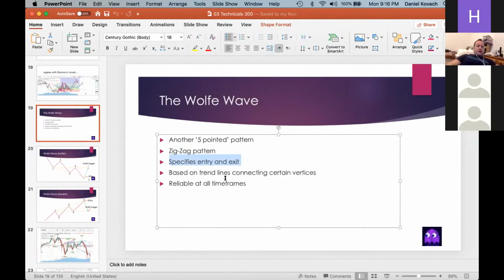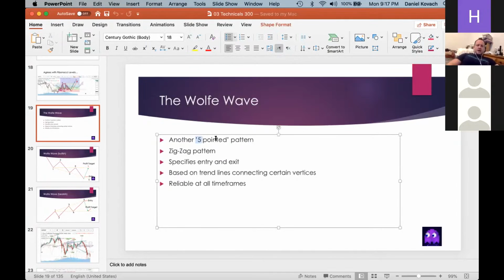Again, what's cool about this is that the entry and the exit are spelled out for you, whereas the other patterns are more general, right? We've been seeing that in Chen's lectures, and I stress this too: they kind of tell you when something's going to happen. A lot of times they don't even tell you if it's up or down. You just kind of have to wing it, look at your levels and all that. But this has that added benefit. It is based on trend lines connecting certain vertices.